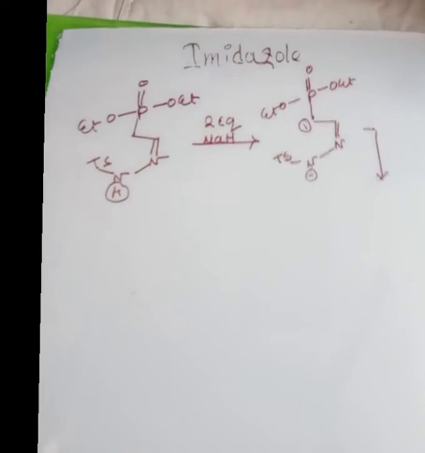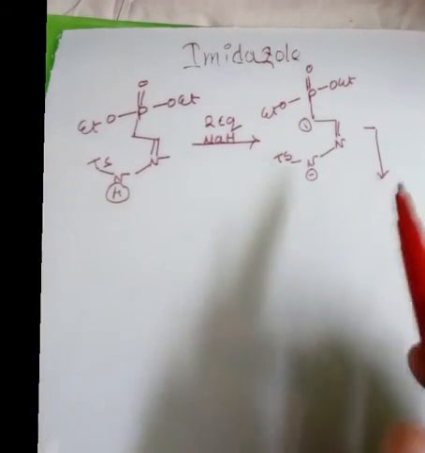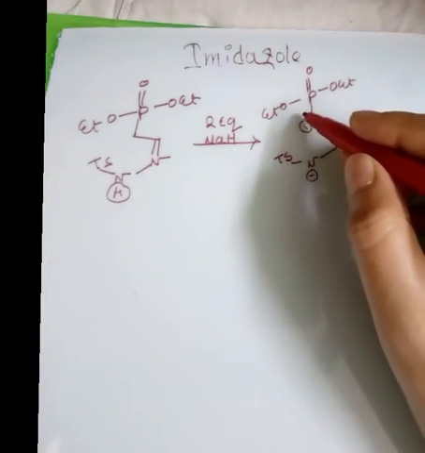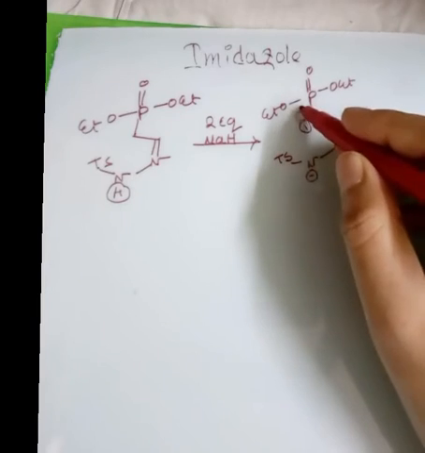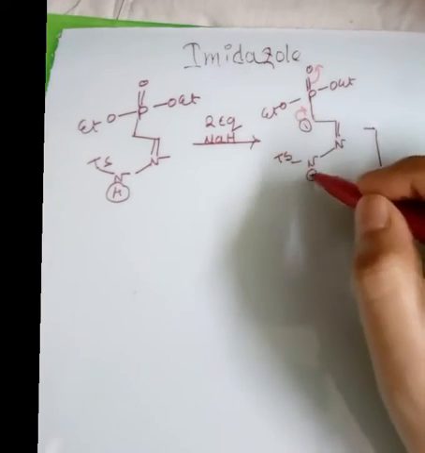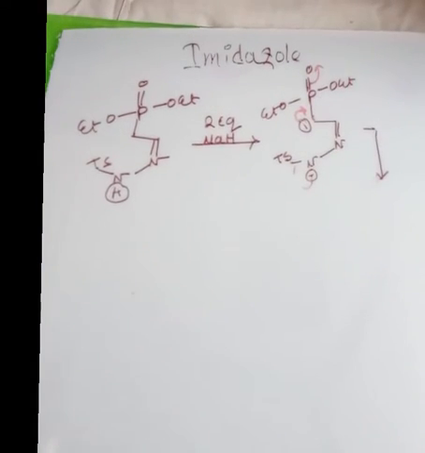We are using 2 equivalents of base because 2 acidic positions are present here. One is this place, as this anion gets stabilized by this phosphorus group, and another is this anion which gets stabilized by the tosyl group. So 2 anions will form.